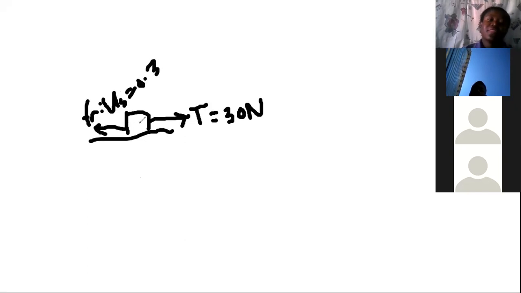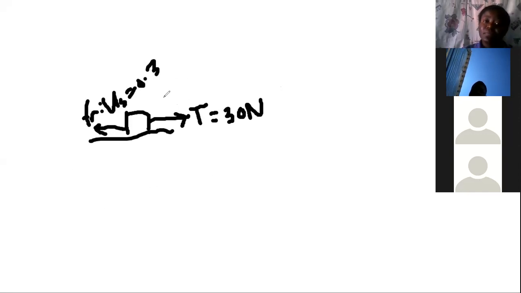Now if you apply a force, the question is asking in which direction the body will move.